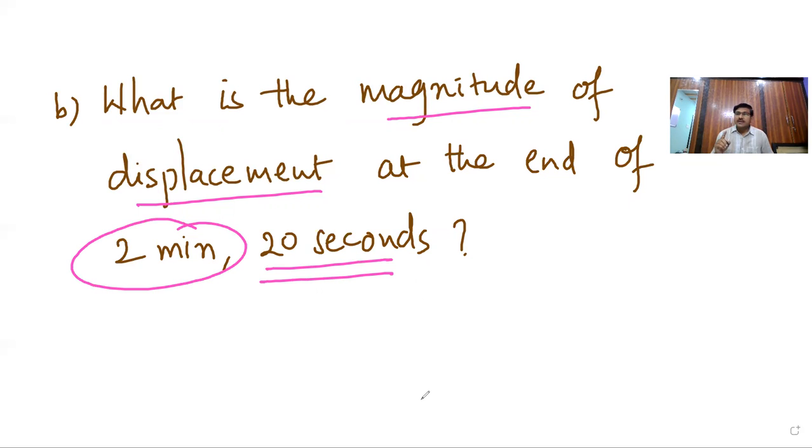He has asked for distance, only once around the field. That's all. But displacement is asked at the end of 2 minutes 20 seconds. Have the clarity about the difference between distance and displacement asked. Okay. Now, let us solve this problem.